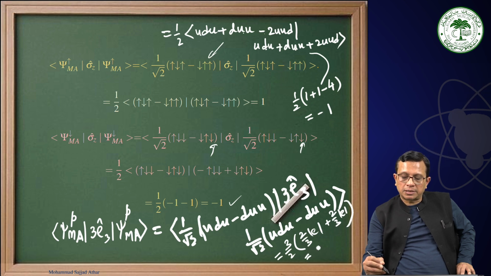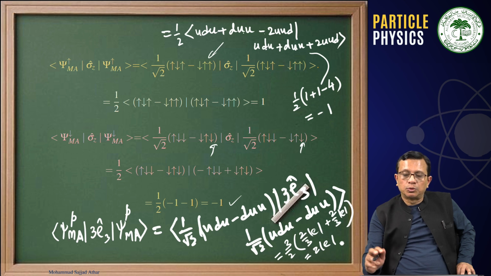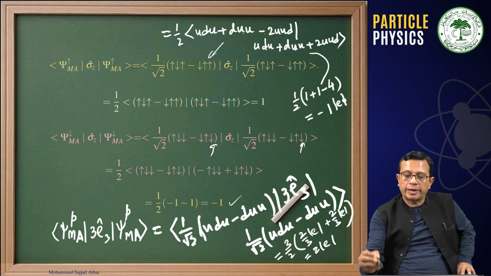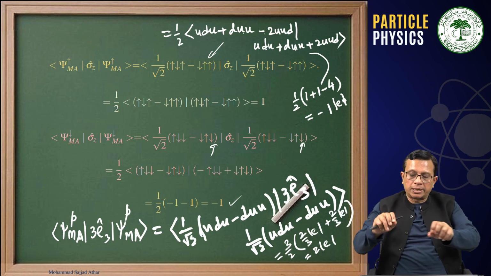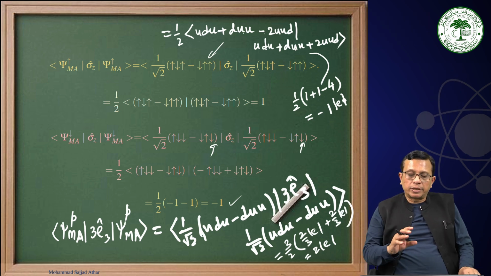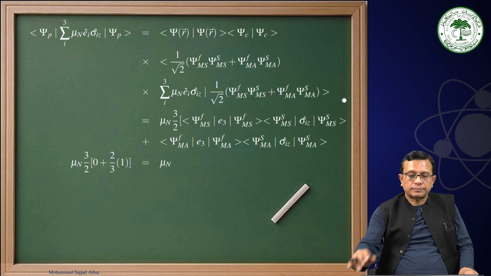And this will give us how much? You see 4 by 3 electronic charge, and this 3 and 3 will cancel out. Here it will give 2e, just its number will be 2e. Here also I should write it minus 1e. Therefore, this is how we will put it in terms to get the charge of the proton. That we will do in the class.